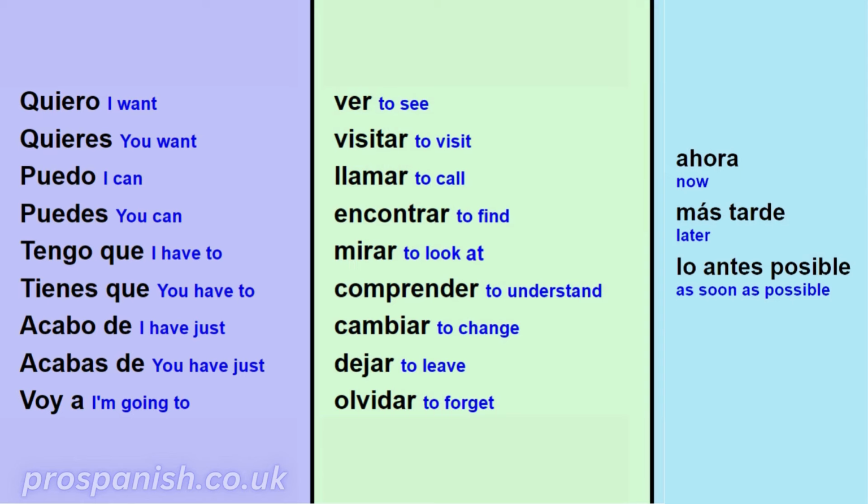And you may or may not know that all of these in the first column can be changed into a negative by just adding no. I want, quiero. I don't want, no quiero. I can, puedo. I can't, no puedo. I'm going to, voy a.